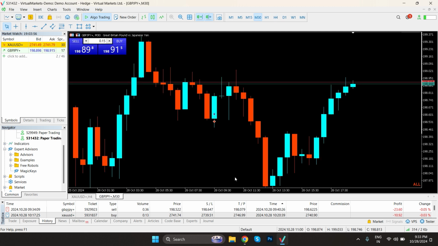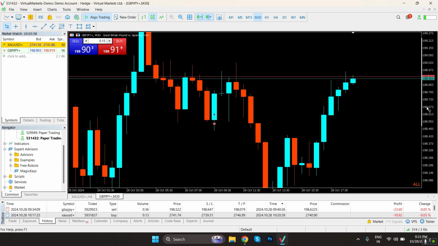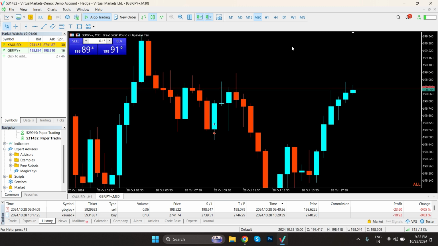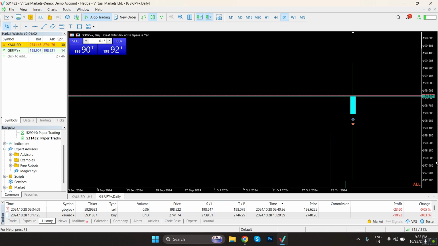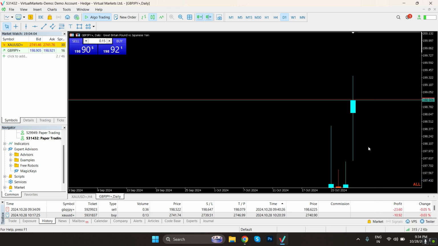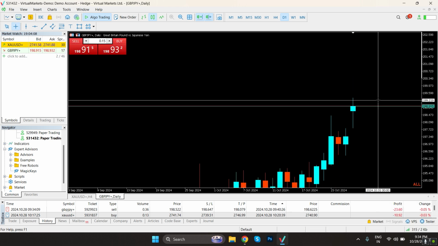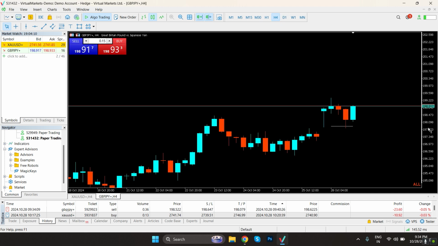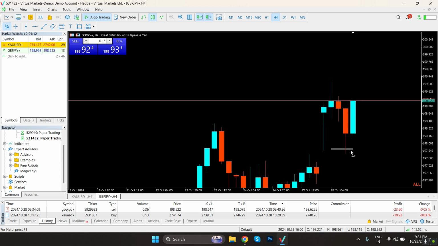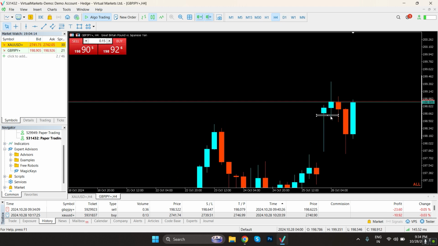The first trade I will talk about is this pound yen sell, where price created a gap up, and when I came to the chart, I saw price was somewhere at this level.